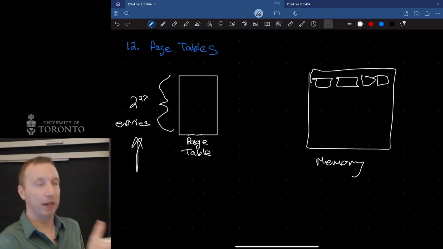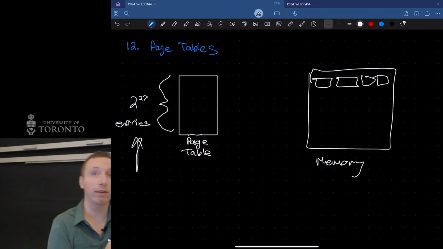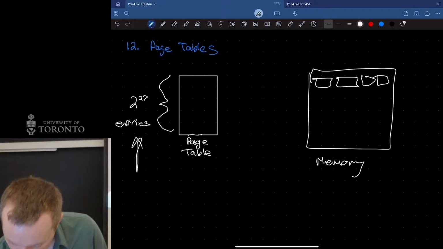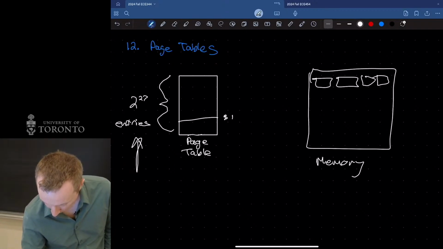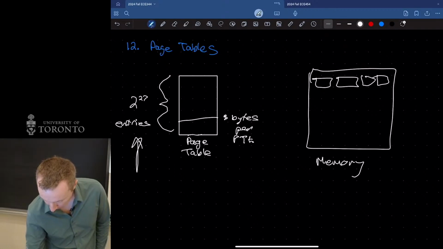So this is basically a giant array. There are 2 to the 27 elements, and each page table entry, each row, is 8 bytes.